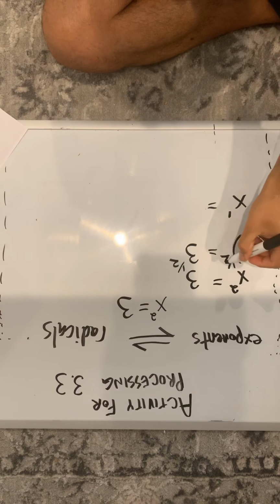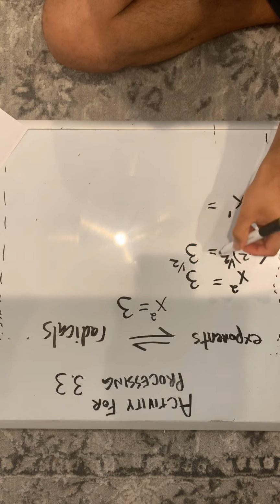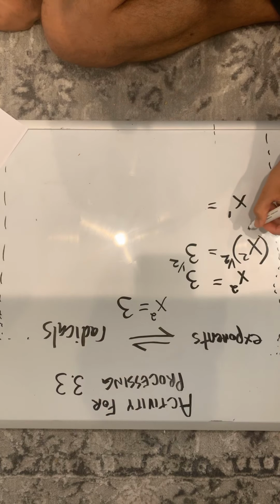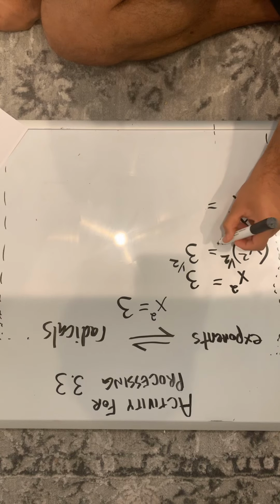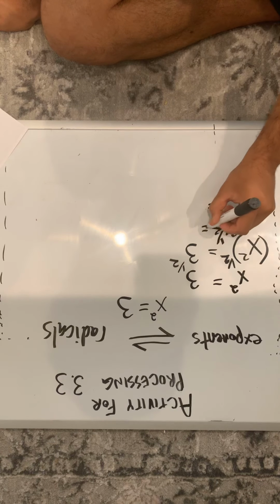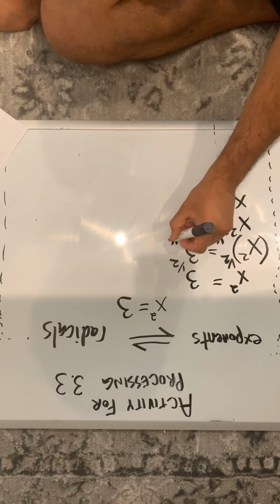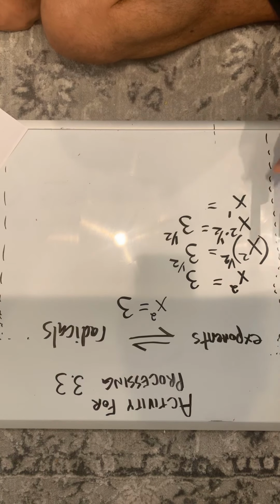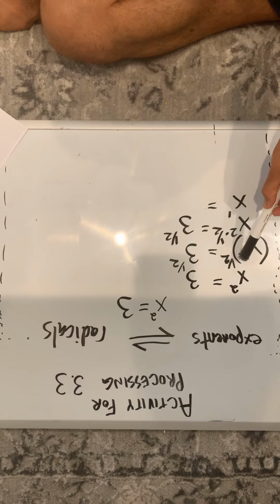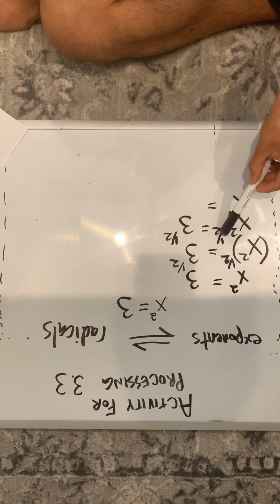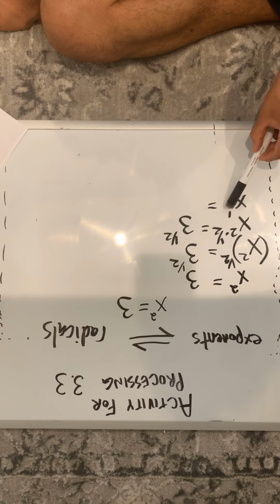So you're wondering to yourself, what do I do with this here, right? Well, whenever you have this thing called a power of a power, you multiply the exponents. Here the exponents are 2 and 1/2. 2 times 1/2 gives you 1.